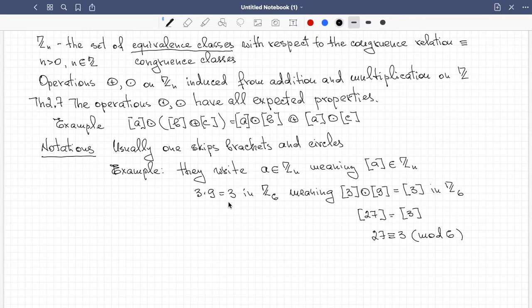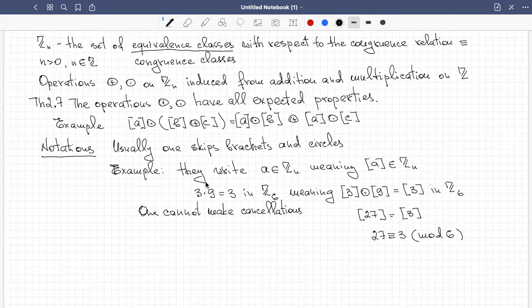One has to be careful with all these abbreviations. For example, one cannot make cancellations. This is true in Z6.